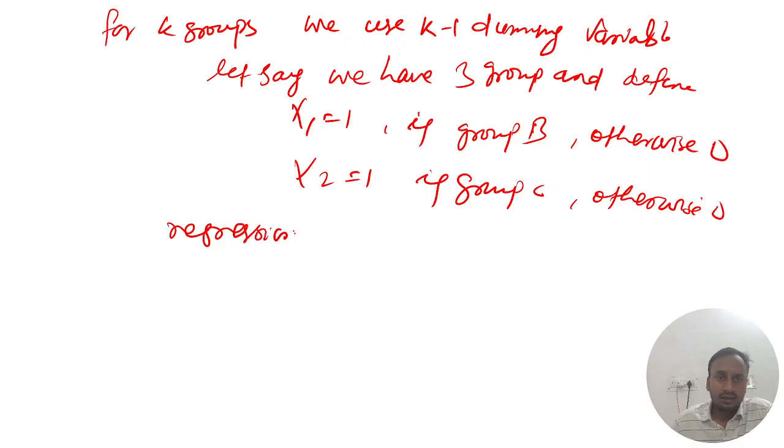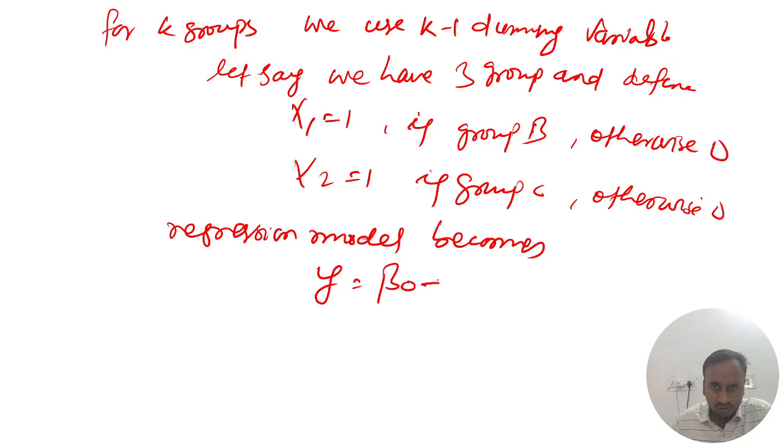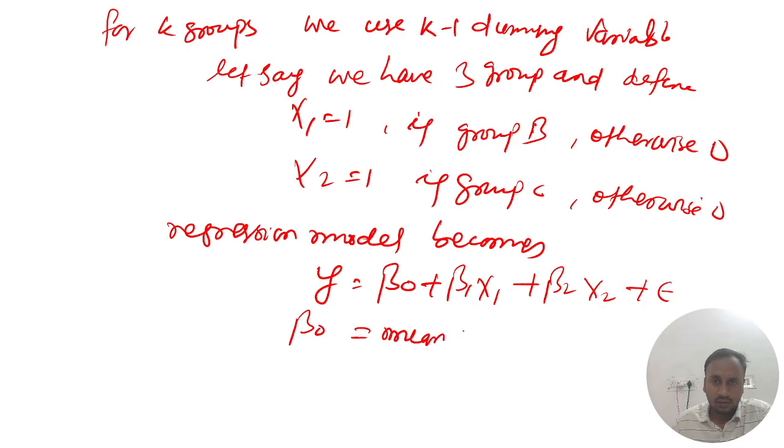So in that case the regression model will become y is equal to beta naught plus beta 1 x1 plus beta 2 x2 plus error. So beta naught will become the mean of group A. That will become the baseline.